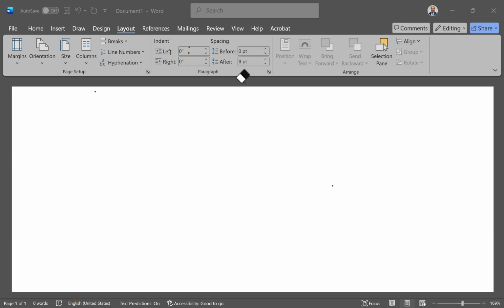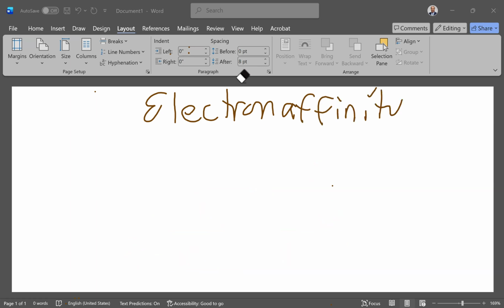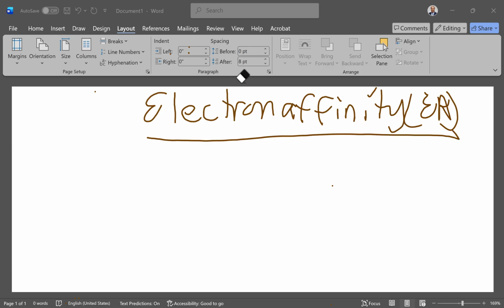The third one, electron affinity, is EA, and this is the amount of energy involved in pulling electrons towards an atom.